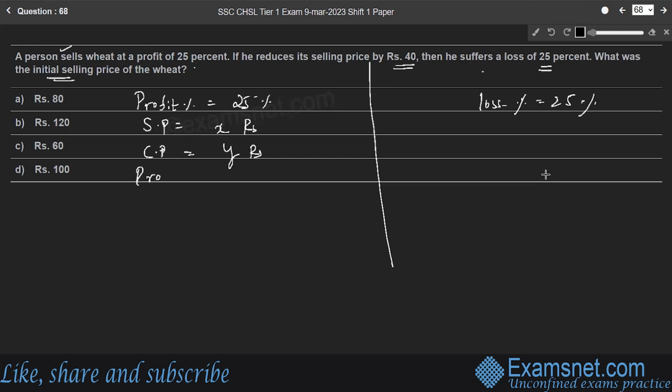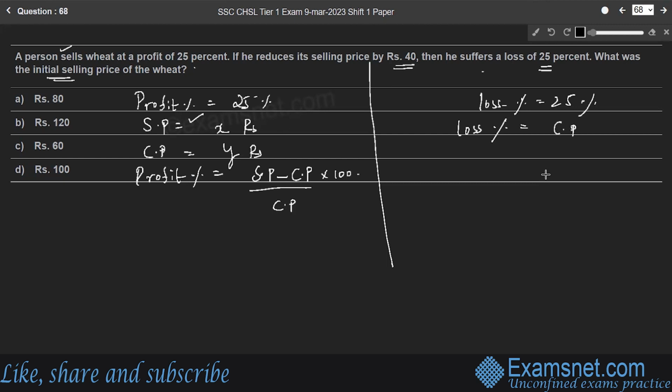Because where selling price is greater than cost price, therefore profit percentage is selling price minus cost price over the cost price into 100. Whereas loss percentage, directly we'll take loss percentage. So whenever there is cost price greater than selling price, there will be a loss, right?